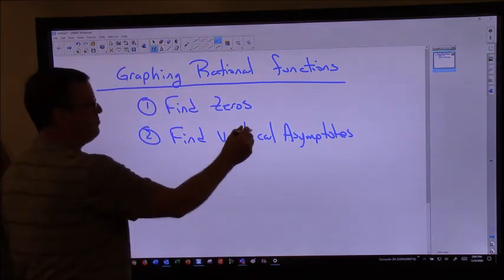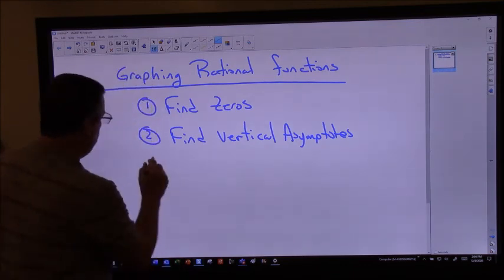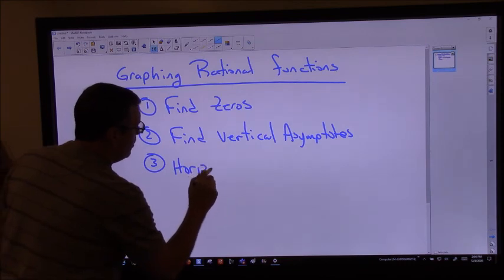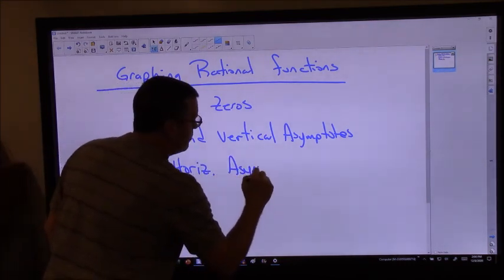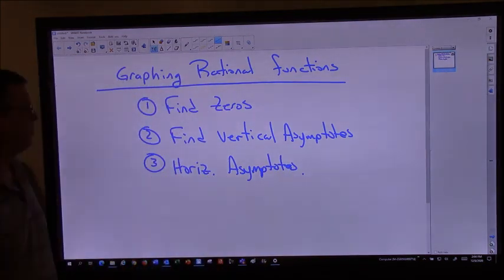Okay, so these are the asymptotes that run up and down. And then we also want to find horizontal asymptotes. Okay, so those are our three main goals for today.